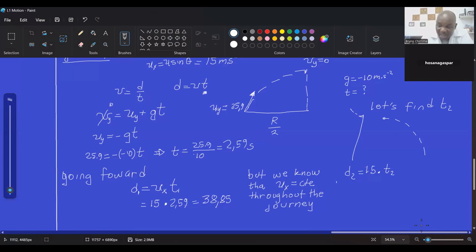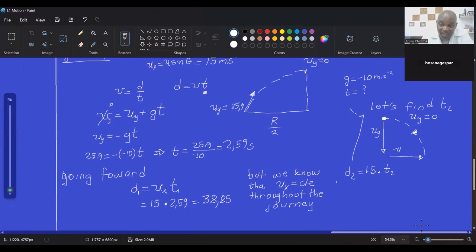The projectile is coming down. When it comes to the vertical aspect of it, uy becomes 0 because it starts at 0 going down, of course, following this path. So uy is 0. The vertical aspect is 0 here at this point. However, ux exists.